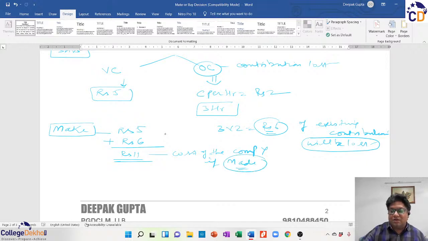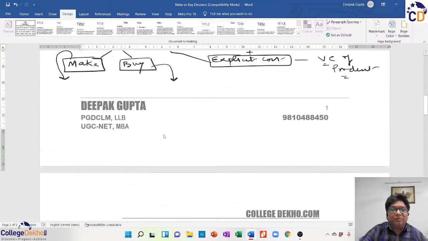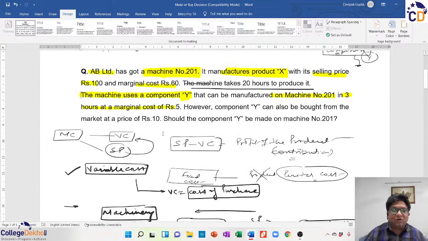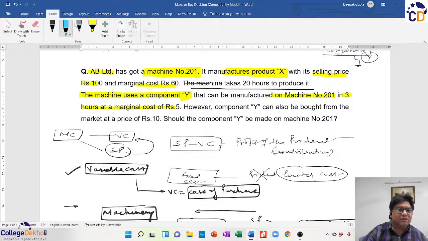Now if we compare it with the buying cost, this component Y can also be bought from the market at a price of ₹10.